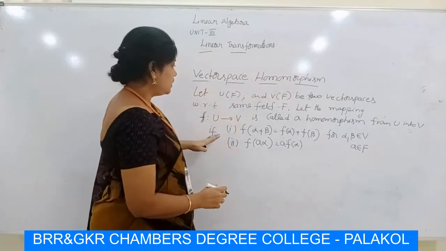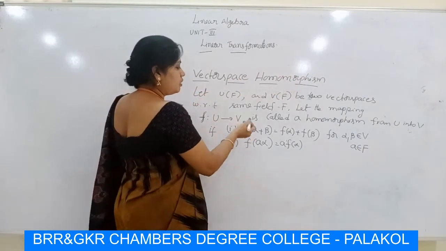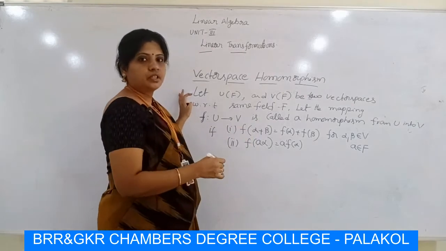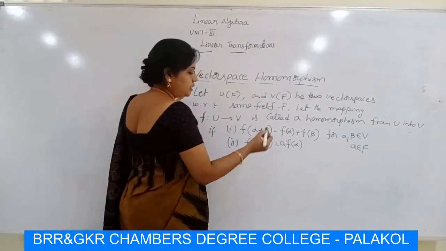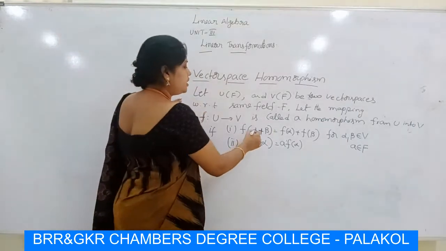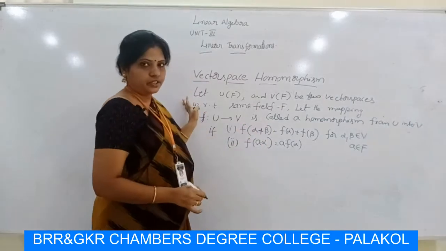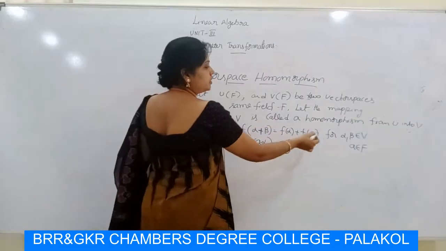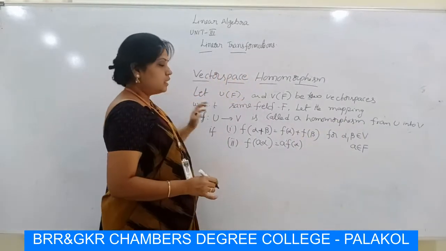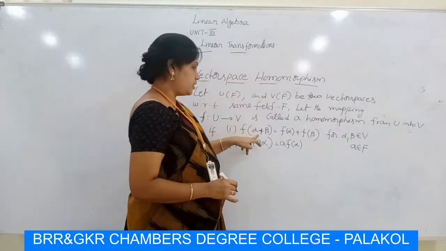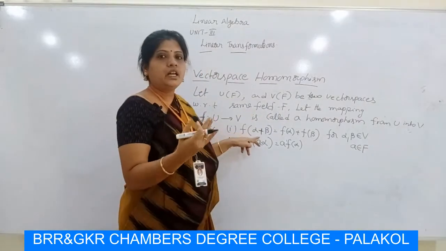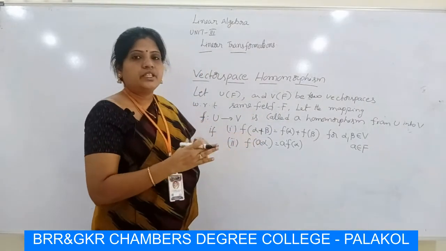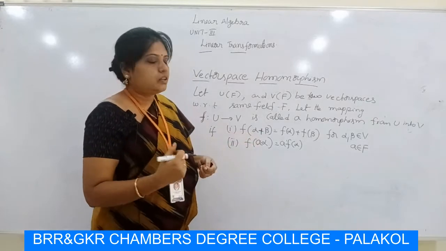Now here we have two operations, addition and multiplication. This addition is vector addition. These two are vectors. In vector spaces, addition of vectors is an internal composition.